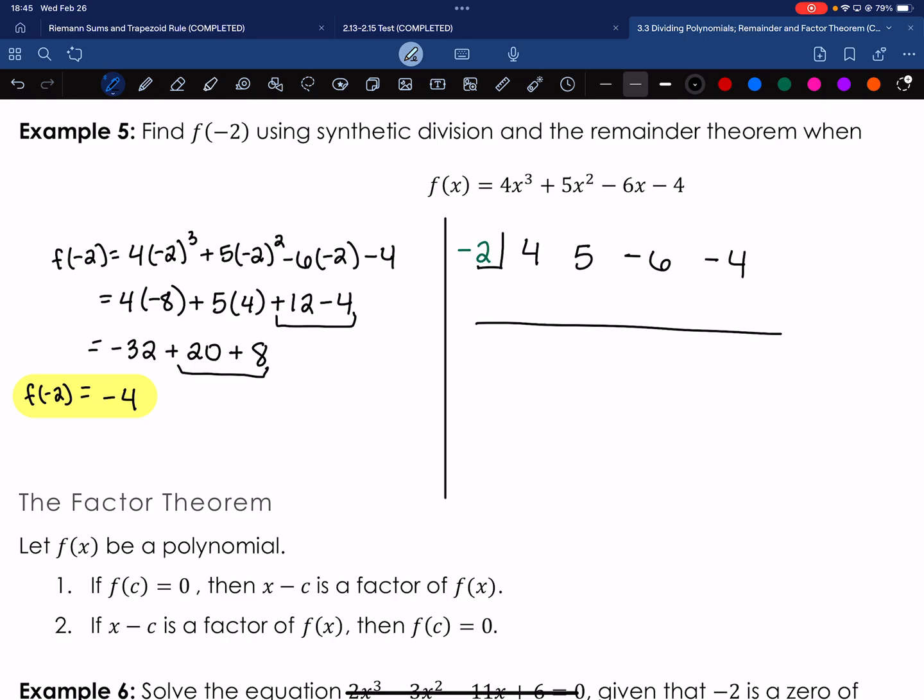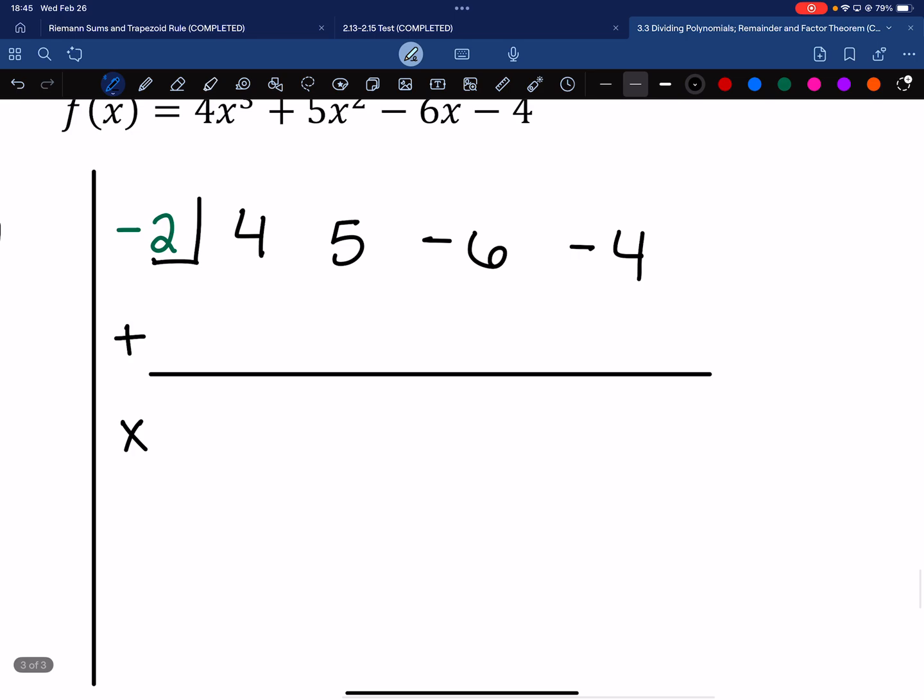Leave a little bit of space. Above gets added, below gets multiplied. First term always gets dropped down.